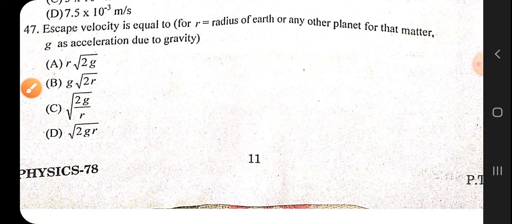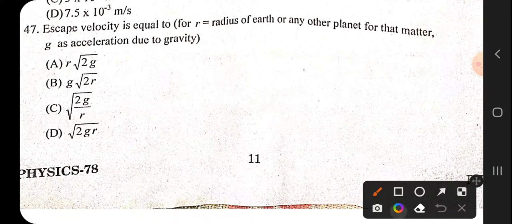Question number 47: the escape velocity is equal to this. This is a very easy question. We know that the kinetic energy is equal to half mv squared, so this is equal to the potential energy, that means the gravitational potential energy of a body.